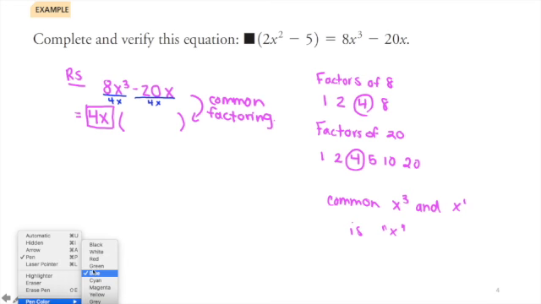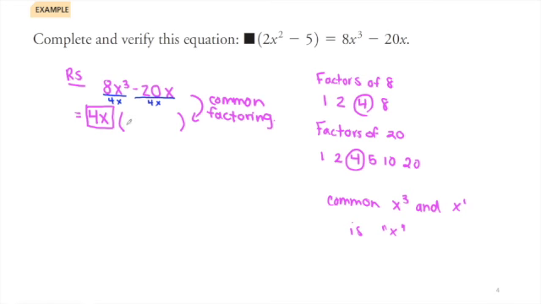So if you divide 8 by 4, it gives you 2, and then x cubed divided by x is x squared. Remember, you subtract your exponent, so 3 minus 1 is 2. Okay, negative 20 divided by 4 is negative 5, and x divided by x is nothing, so you just leave a negative 5 by itself as a constant, no variable with it.